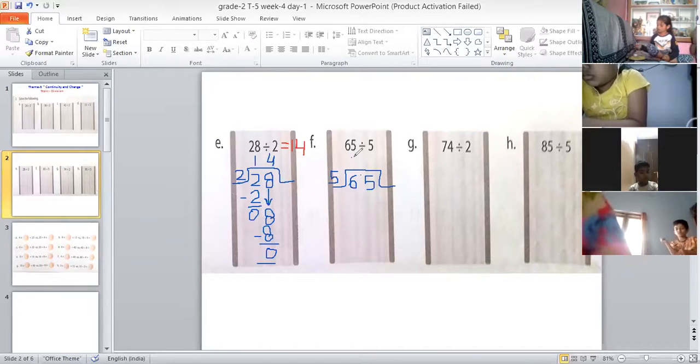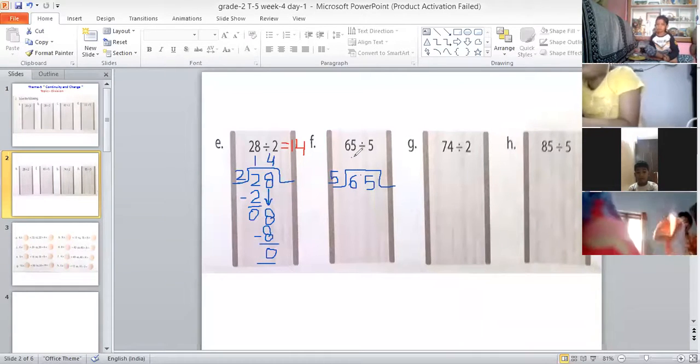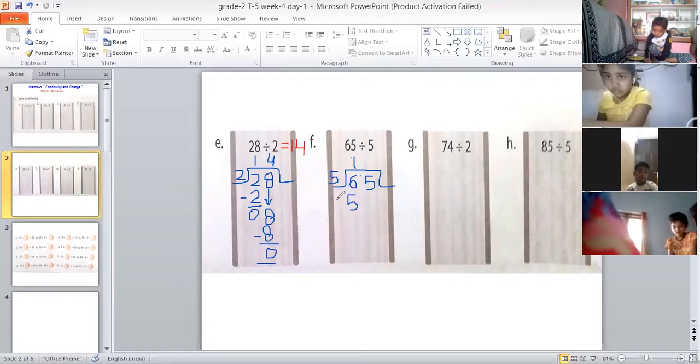You have to see when we are getting 5. So how many times are we getting 5 in 5 table? One time, ma'am. Yes. So we will write 1 above this 6 and we will write this 5 below this 6, and we will put here a minus sign.